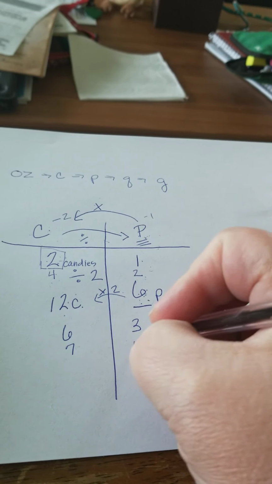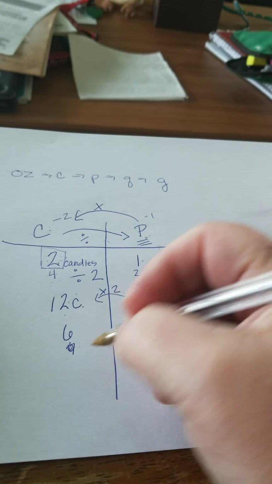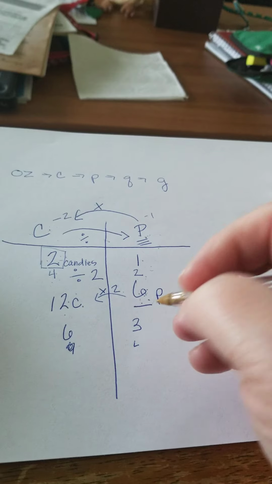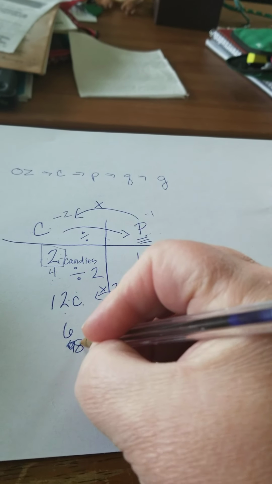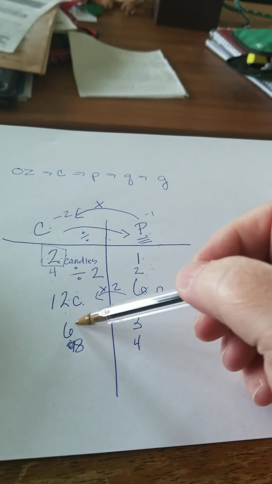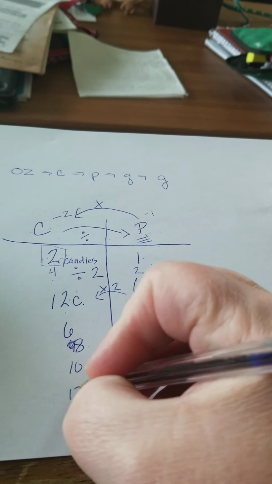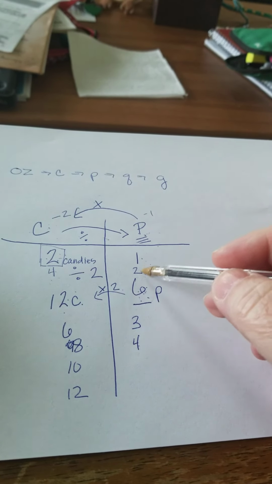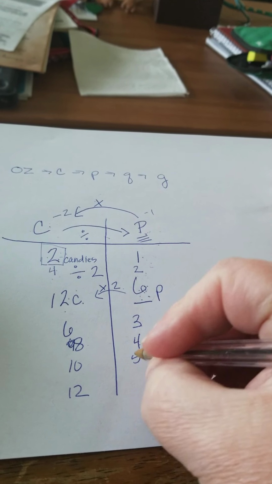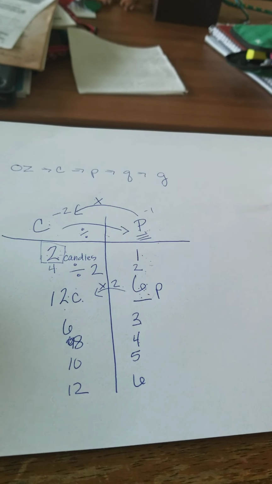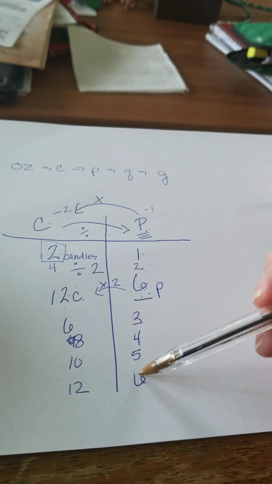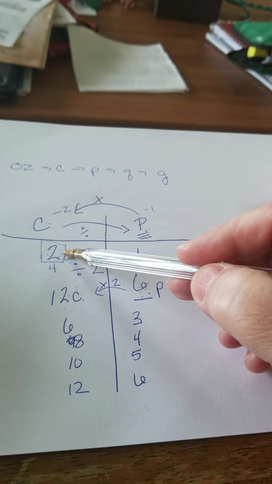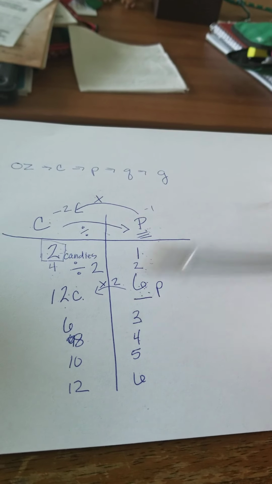Look at that, my brain is not working. Notice 2, 4, 6, 8, 10, 12, and 1, 2, 3, 4, 5, 6. So I can also look at that: pints, I go up by 1. Cups, I'm skip counting by 2.